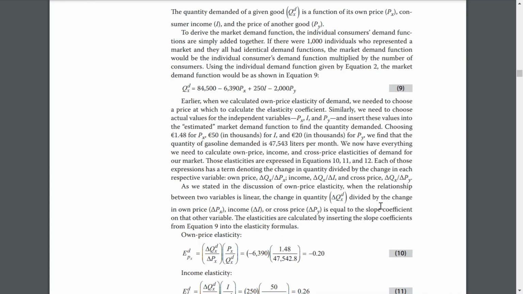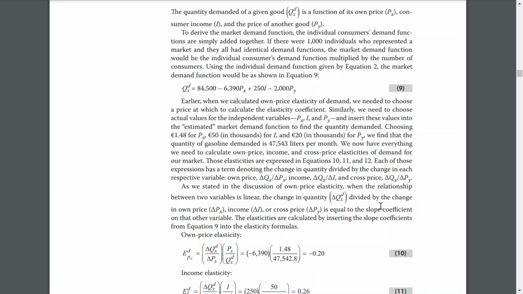We find that the quantity of gasoline demanded is 47,543 liters per month. We now have everything we need to calculate own price, income, and cross-price elasticity of demand for our market. These elasticities are expressed in equations 10, 11, and 12.